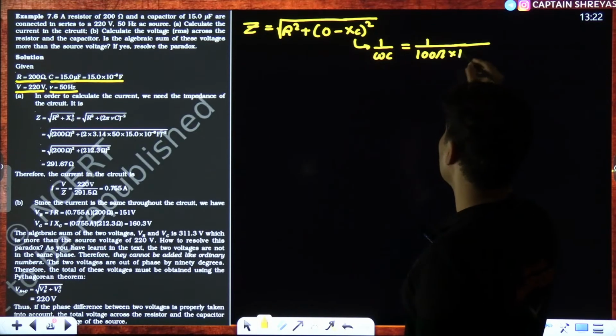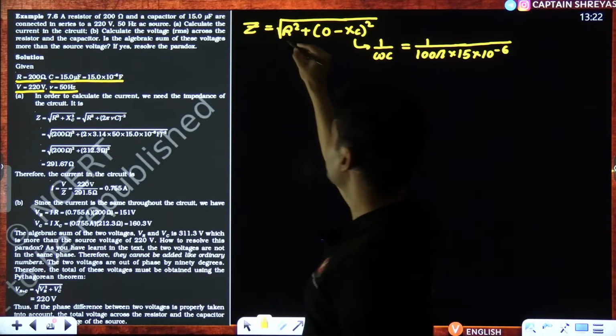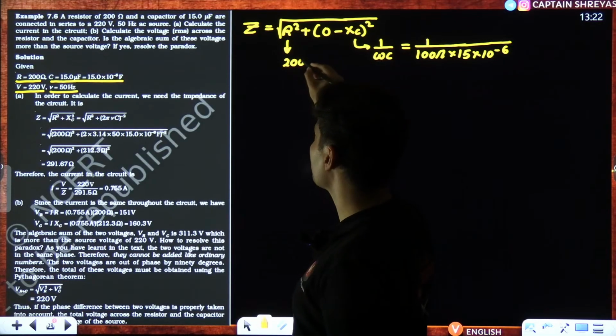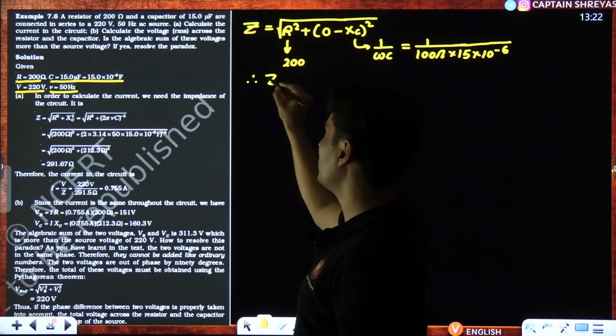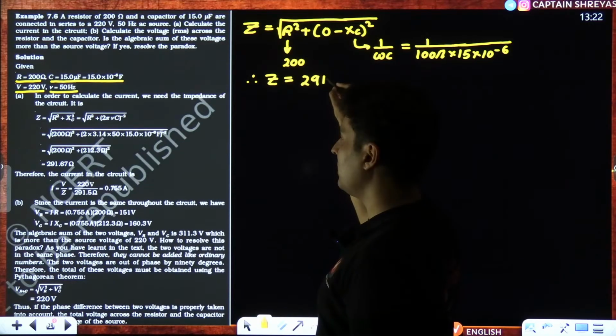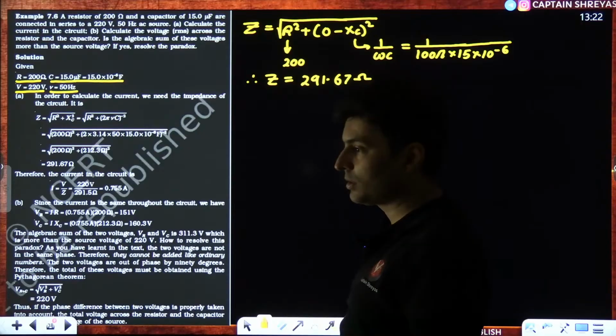Capacitance is 15 micro, so 15 into 10 to the power minus 6. Resistance is already given, it is 200 ohms. So from this you will get the value of Z, which they have calculated as 291.67 ohms, substituting all these values.